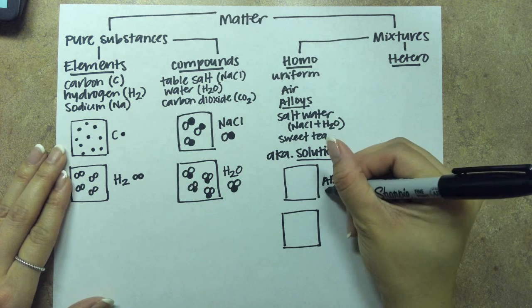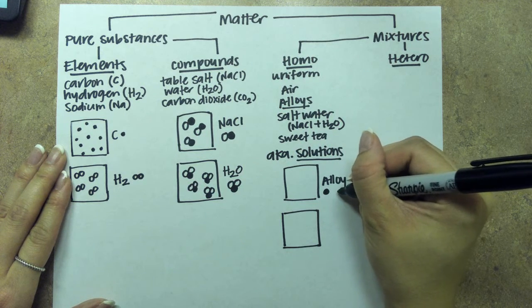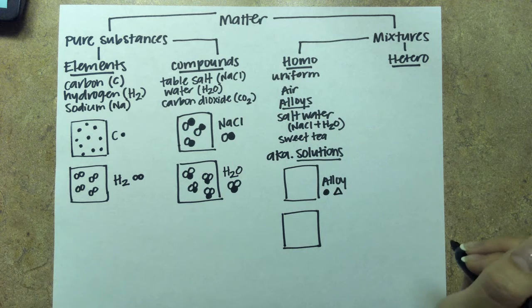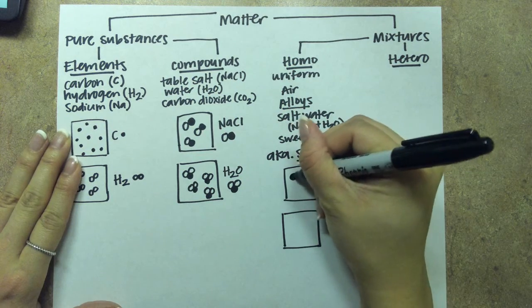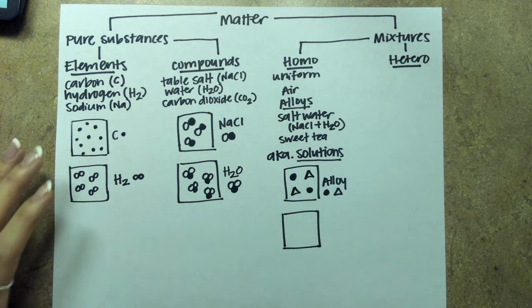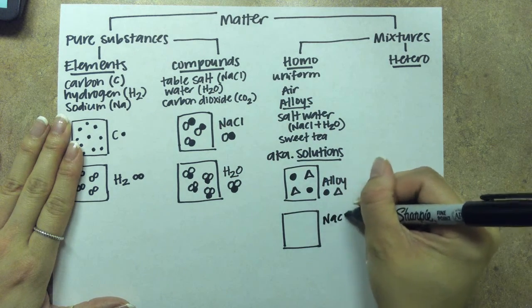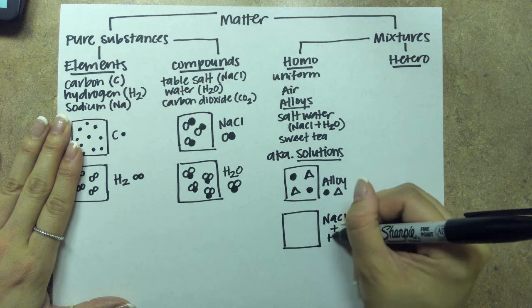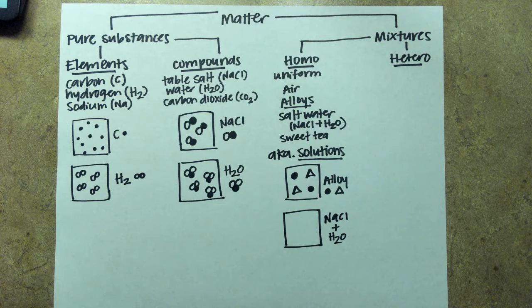If we said nickel is dark circles, and iron is triangles, again, in an alloy or any homogeneous mixture, everything's uniform, so it's spread out equally. So if I've got two circles on this side, we'll put two triangles on this side. And so if we were doing something like salt water, so NaCl and H2O, same concept. Again, it is uniform, it's evenly distributed.